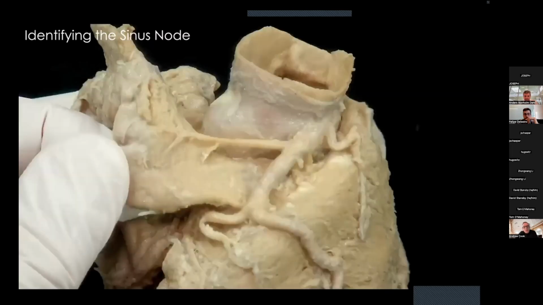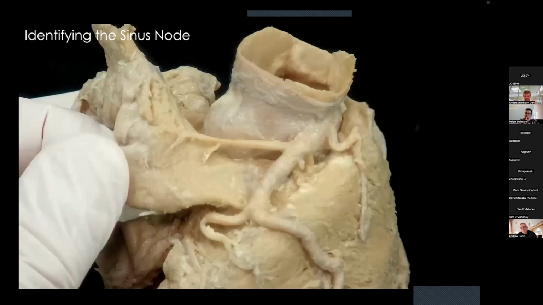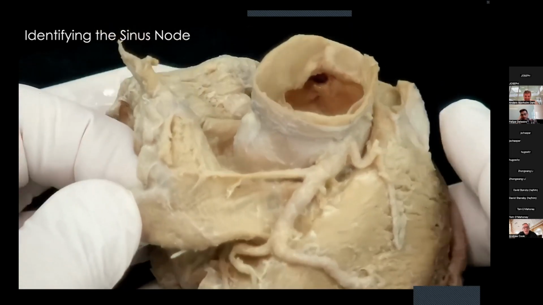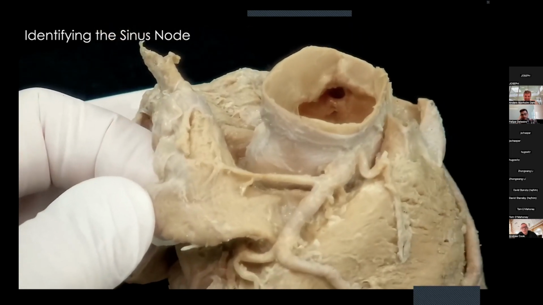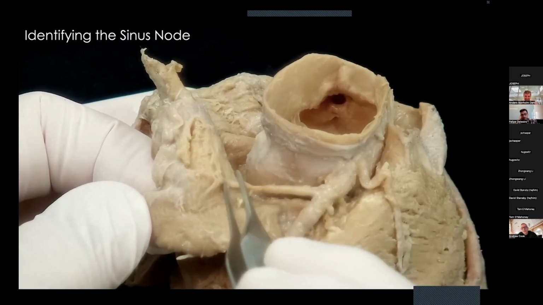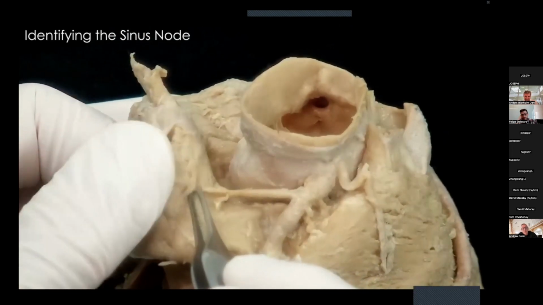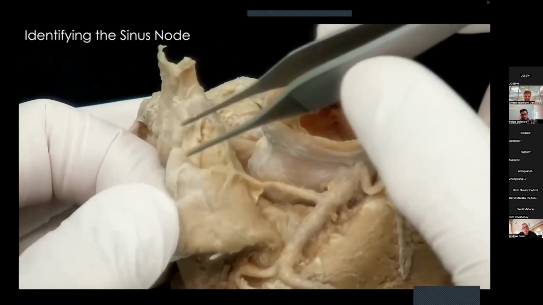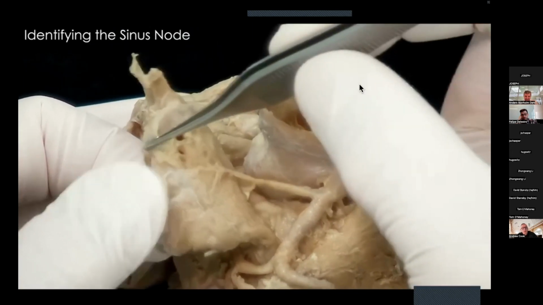In terms of the sinus node, the only way that we can identify it, and the way surgeons can identify it during operations, is by trying to identify this tiny little artery, about 1 millimeter, that runs up to the region of the SVC, the superior caval vein.